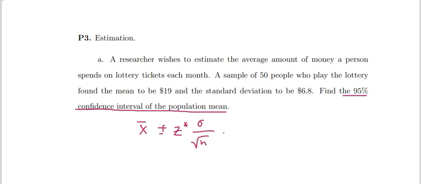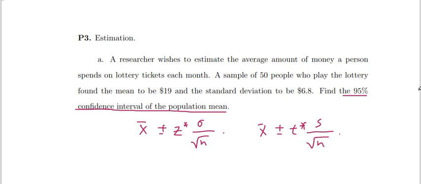So we have this formula or this formula. At first, we should determine which one. To determine which one, we just check whether the standard deviation is sigma. So we just check the problem.